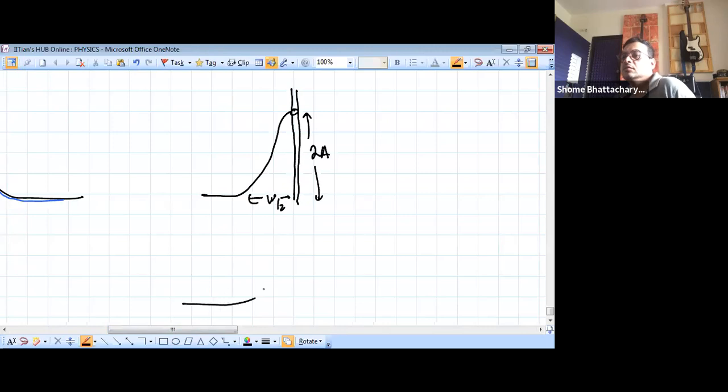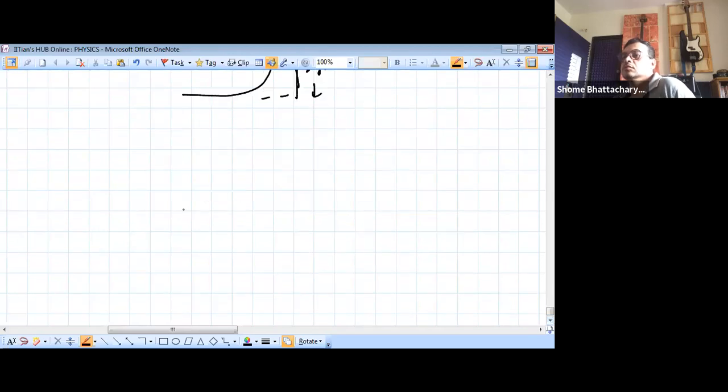And then it comes back to this kind of shape. Then it comes back to this kind of shape.